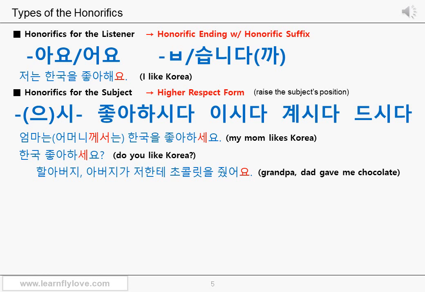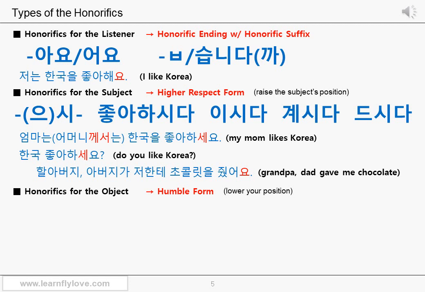Honorific endings and higher respect forms. These two honorifics are the ones you've learned so far. But there's one more. It's honorifics for the object. Let's call it the humble form in our learning materials. Then why do we call it the humble form? Because it is used to show more respect to the object of the sentence by lowering your position. Lowering your position, okay?